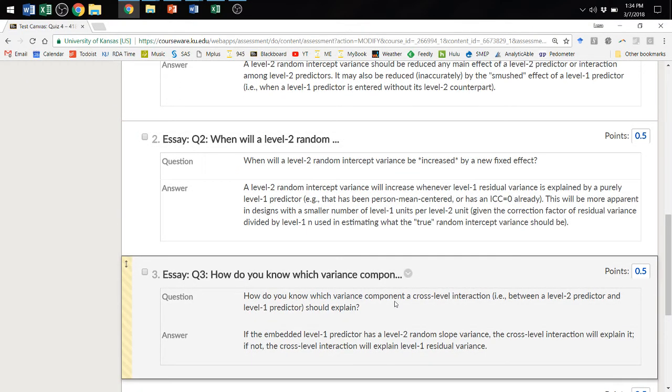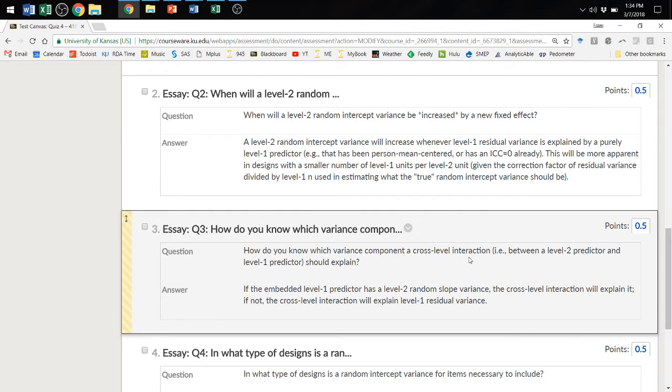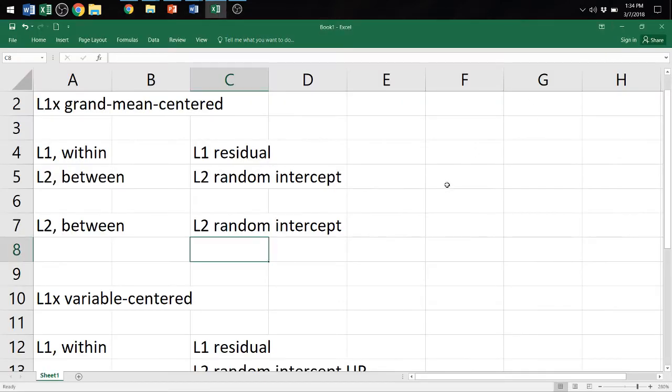How do you know which variance component a cross-level interaction, an interaction between a level 2 predictor and a level 1 predictor, should explain?